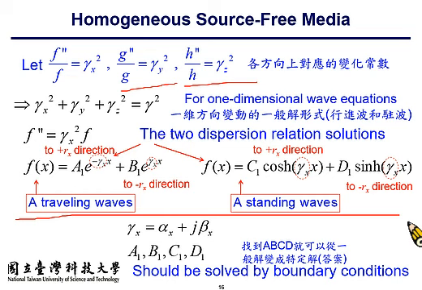So if the spatial domain extends from minus infinity to positive infinity, then there are two solutions. One is referred to as the traveling wave solution, and the other is the standing wave solution. What kind of solution is applicable? 哪一种解才是对的？Well, it depends on your propagation environment. Okay, so in general, if you have an unbounded propagation region, then most likely the traveling wave solution applies.